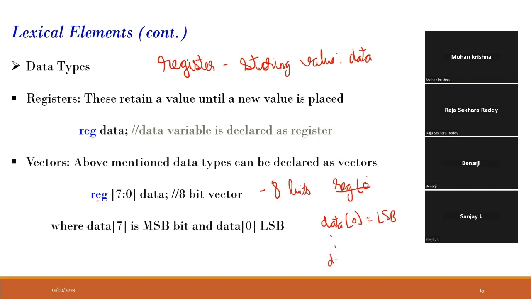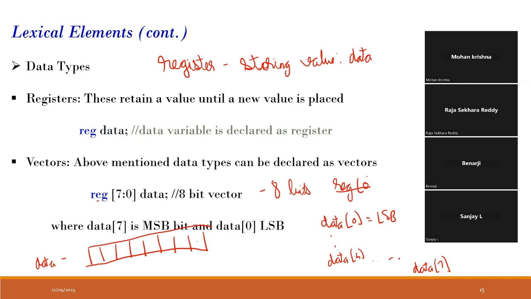There will be data 0, data 4, then data 7. All these represent the bits of it. So my data will be 1, 2, 3, 4, 5, 6, 7, 8 boxes, and these will each have either ones or zeros.